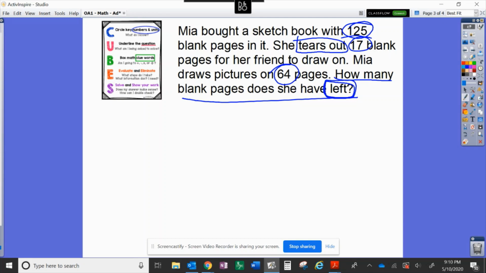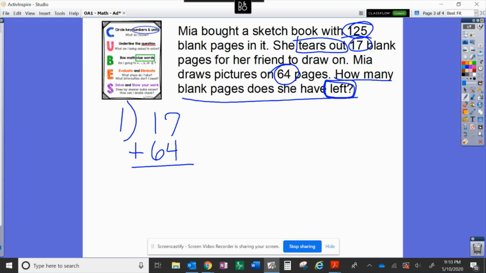I'm going to put these two numbers together in my first step. I'm going to put my 17 with my 64. Okay. And I'm going to do that because they are no longer blank pages. They've either been taken out or they've been drawn on. And remember, my question asks how many blank pages are left.